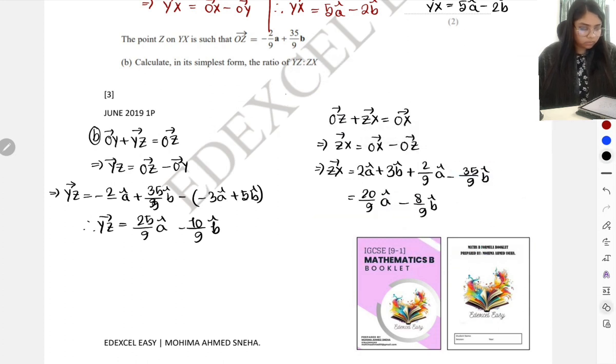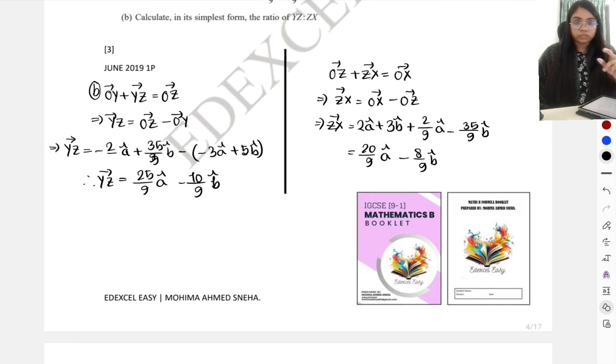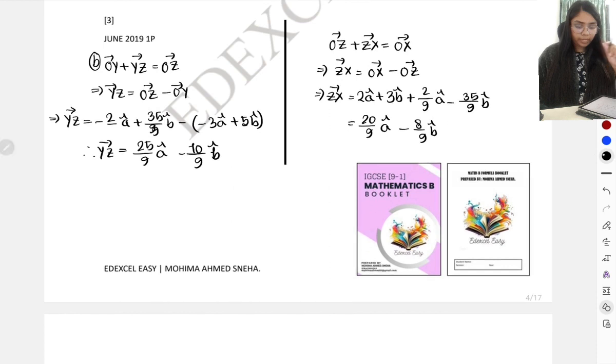Okay, so now we'll be moving on to the final stage where we are trying to find the ratio for these two vectors. In order to find the ratio, I'll first add one more line to simplify the vectors. For YZ, I can take 5 by 9 as a common factor, because 5 is a common factor for 25 and 10, and 9 is the denominator for both fractions.